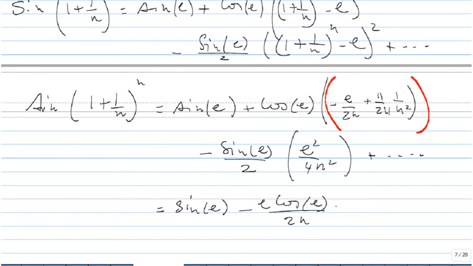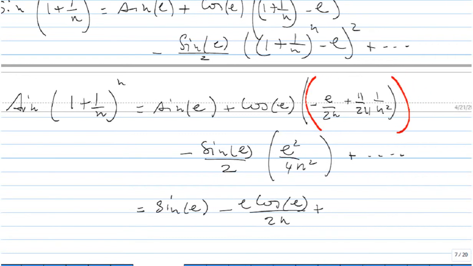And then we have this expression times 1 over n squared. What's the expression? We have 11 over 24 cosine of e, because this will give me 1 over n squared, right here. And then we have minus e squared sine of e over 8.